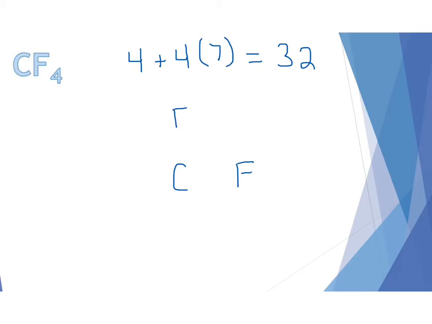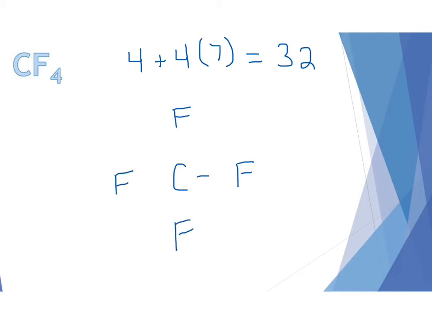Carbon tetrafluoride. Carbon is in group 14, so it has 4 valence electrons. We have 4 fluorines, and fluorine is in group 17, so it has 7 valence electrons. So we have 32 electrons. We begin by placing carbon in the center with the fluorines spaced evenly around it.